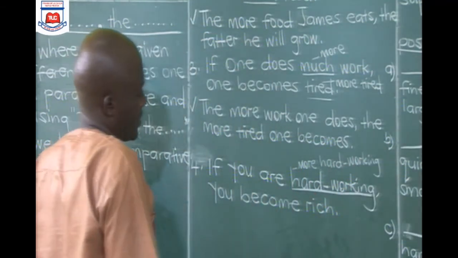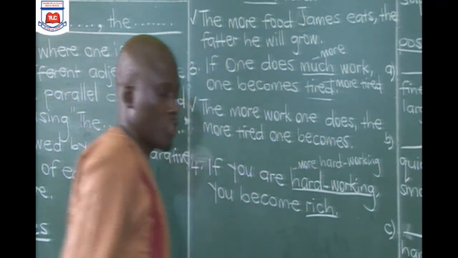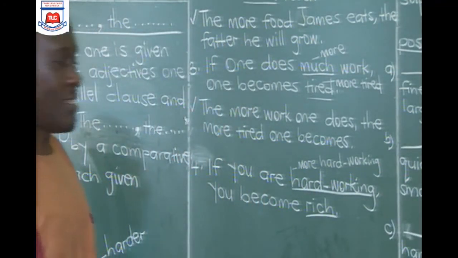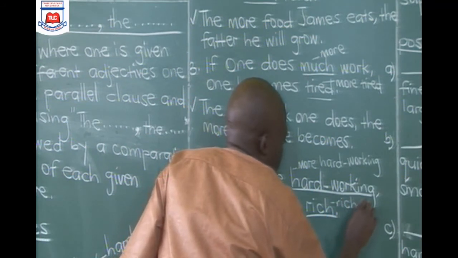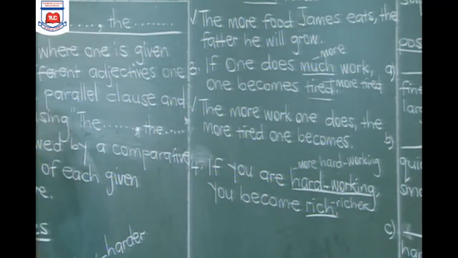The next adjective here is rich. What is the comparative degree of the adjective rich? The comparative degree of rich is richer. So what is going to be the response?